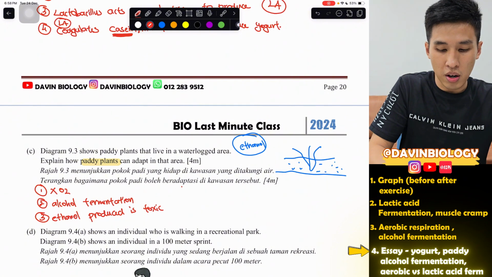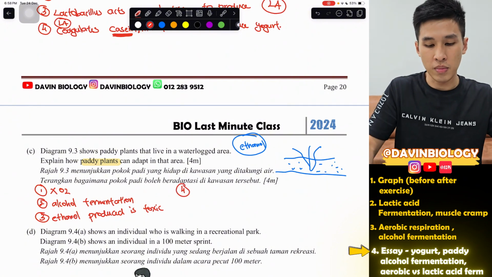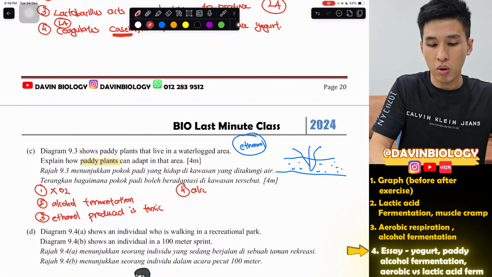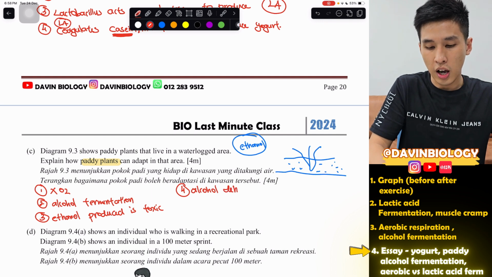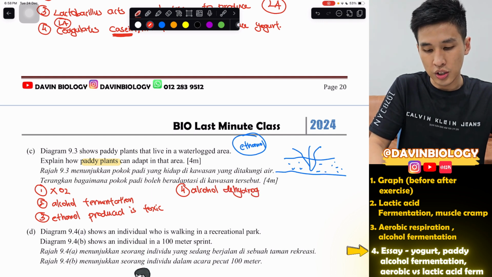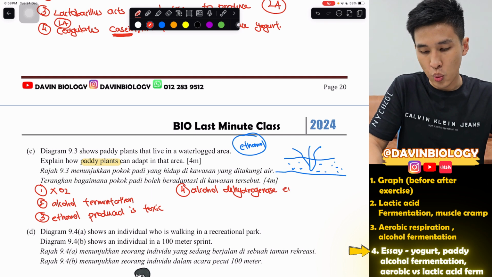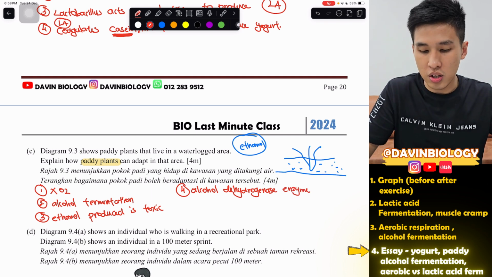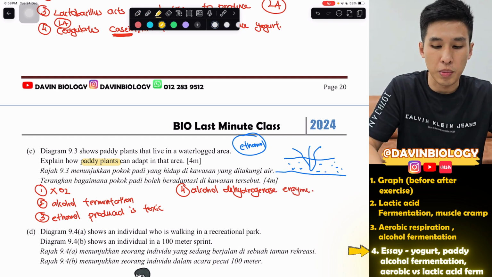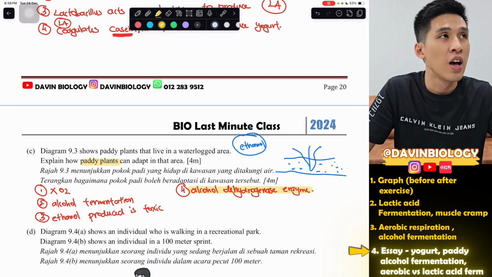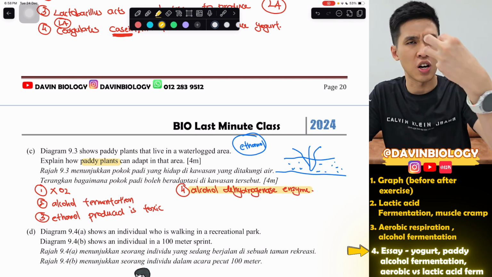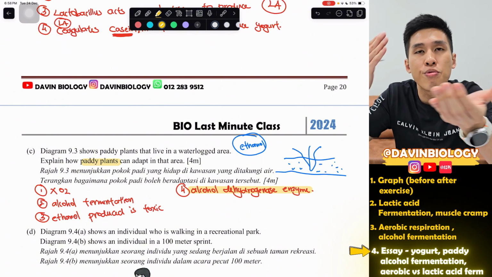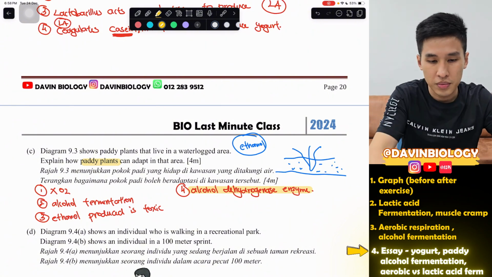Here comes the main thing, because they can produce a kind of enzyme called alcohol dehydrogenase enzyme. So when it comes to the paddy plant question, this is definitely a thing that they want you to explain. Why can they survive in water unlike other plants? Because they can produce a special kind of enzyme, which basically breaks down the ethanol.